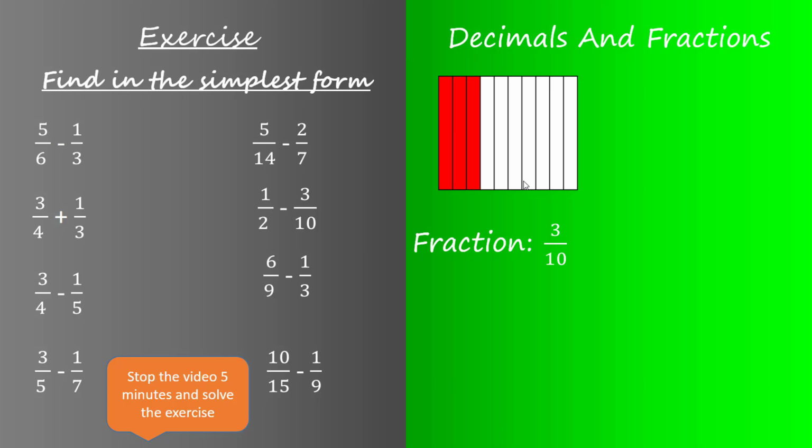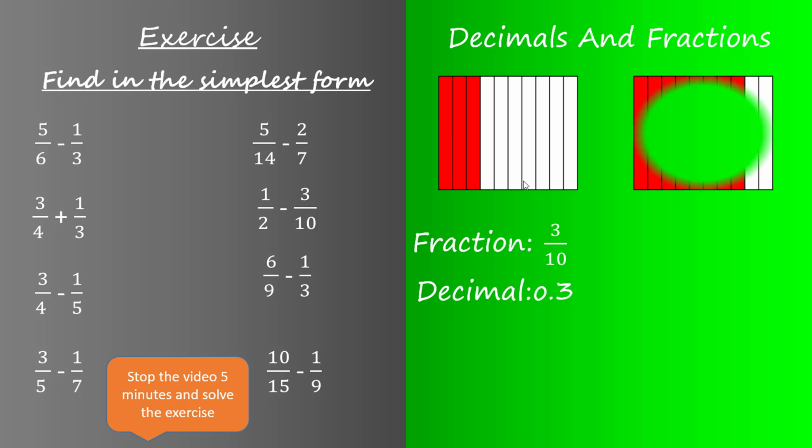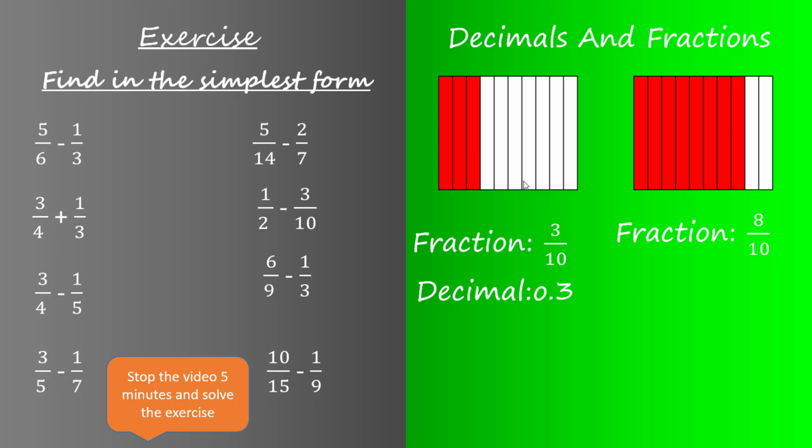We can write the decimal form as 0.3. So if we have a fraction with a denominator 10, we get a decimal form with 1 decimal place, just 0.3. Another example, we can write the fraction as 8 over 10, so the decimal form will be 0.8.